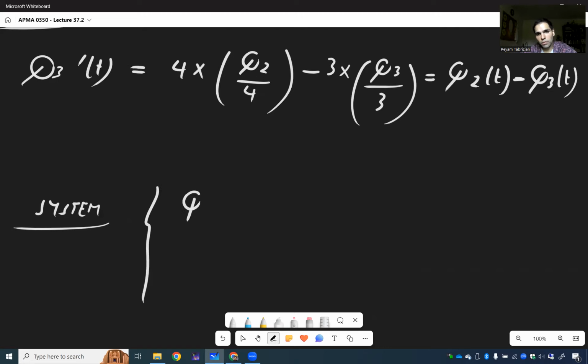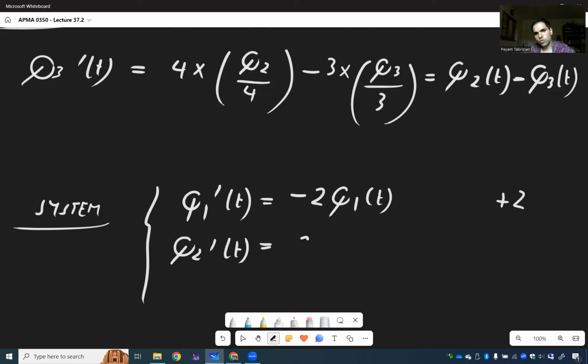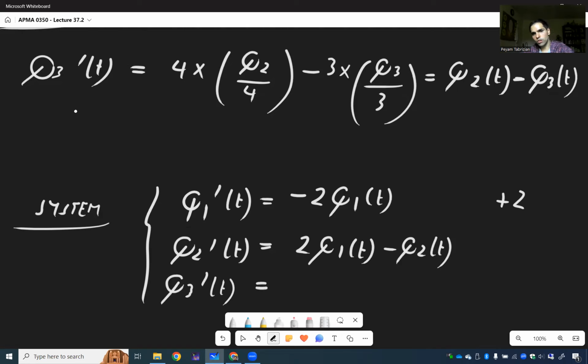So Q1 prime of t is minus 2 Q1 of t plus 2, and Q2 prime of t is 2 Q1 of t minus Q2 of t, and then Q3 prime of t is Q2 of t minus Q3 of t.